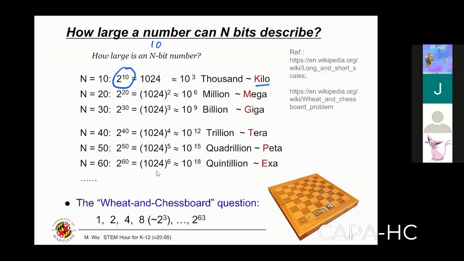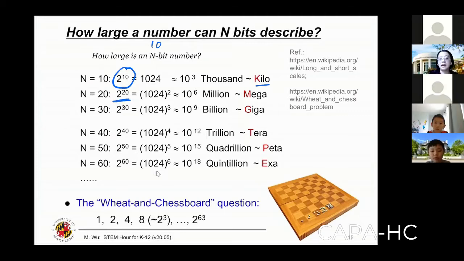Now, let's double the number of zeros and ones. If you have a number that can be described using 20 zeros and ones, this is really big. It's going to be a lot of computation if you're just multiplying them one by one.